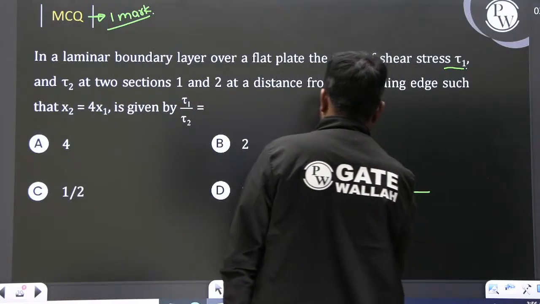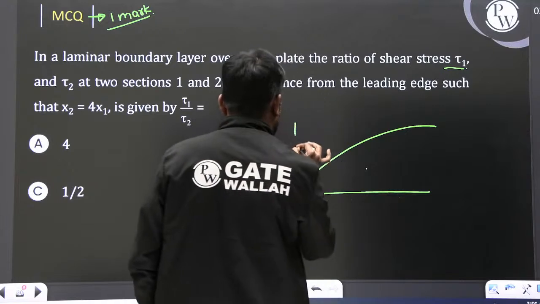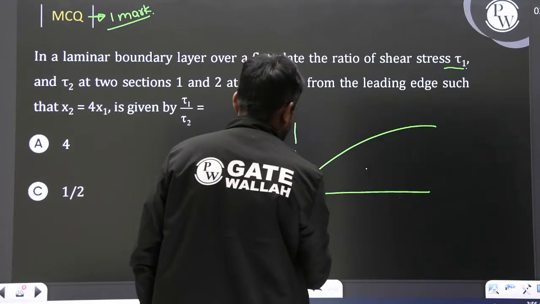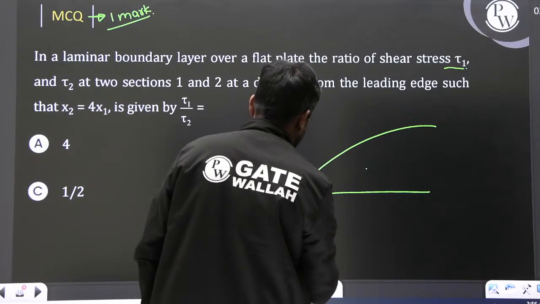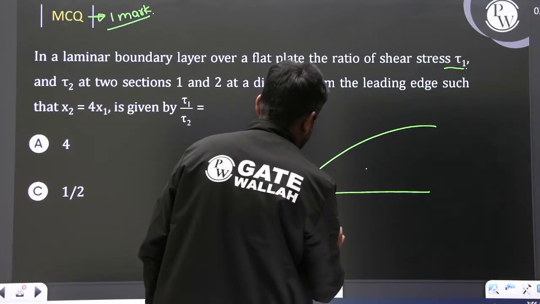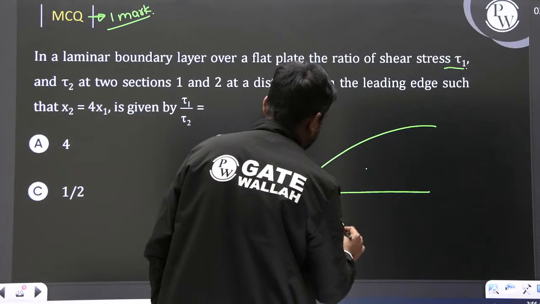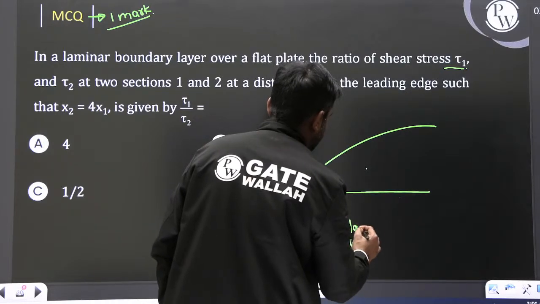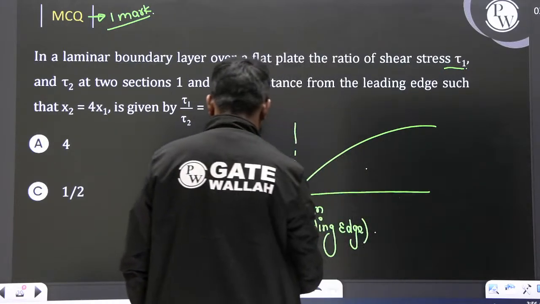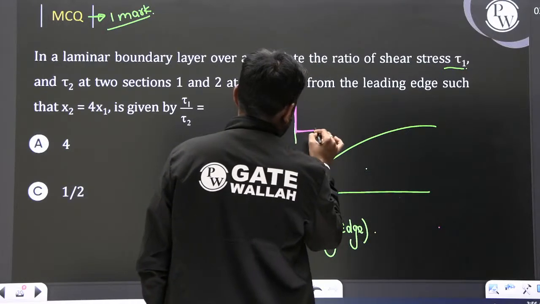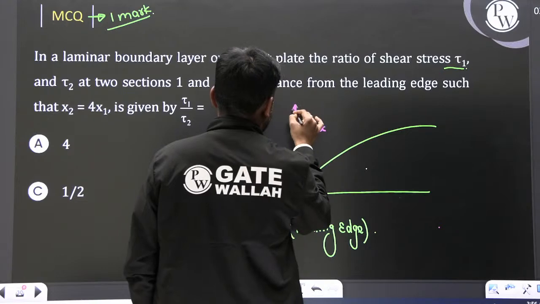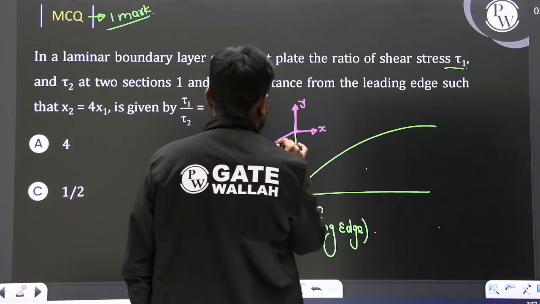So we know that if this is our boundary layer, this one is our leading edge, x is equal to 0 meter. So this should be the leading edge. Let this be the x axis and y axis.